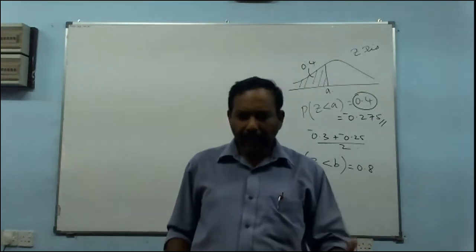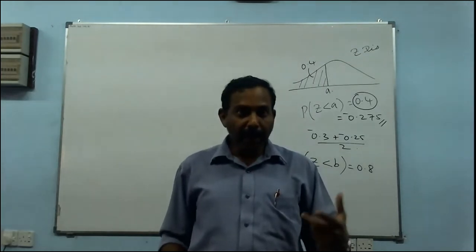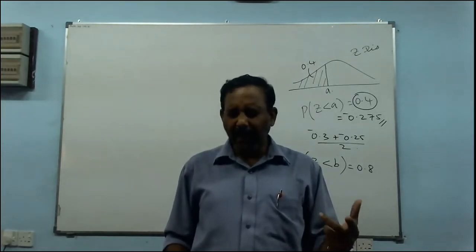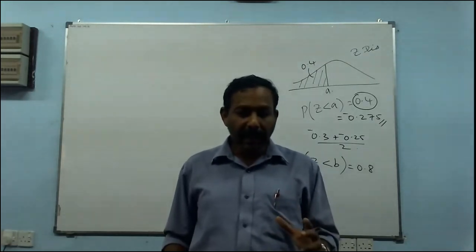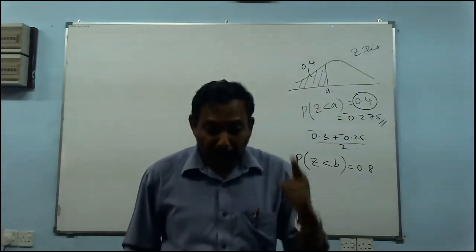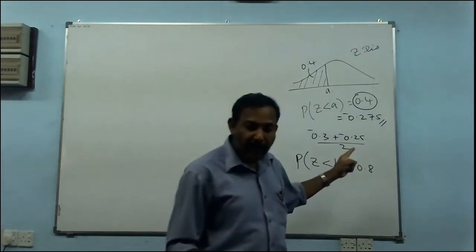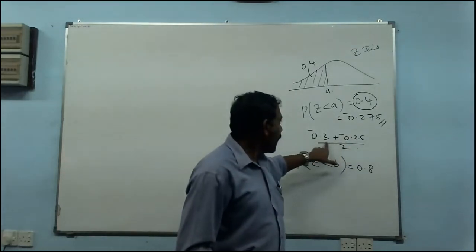Even in the exam, if you put minus 0.25, we don't ignore it. We accept it because it is assuming that 0.4 is much closer to minus 0.25 compared to minus 0.3.